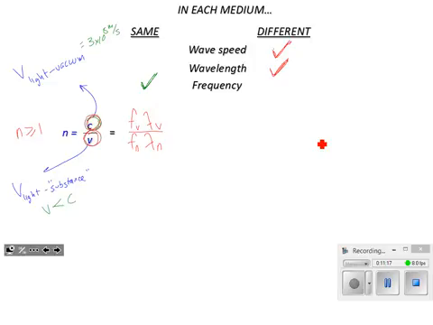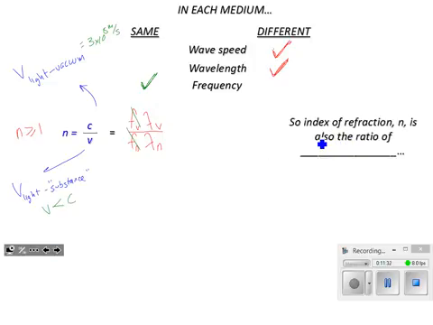And remember, these frequencies are the same. So what that means is n, the index of refraction, is not only a ratio of speeds, it's also a ratio of wavelengths.